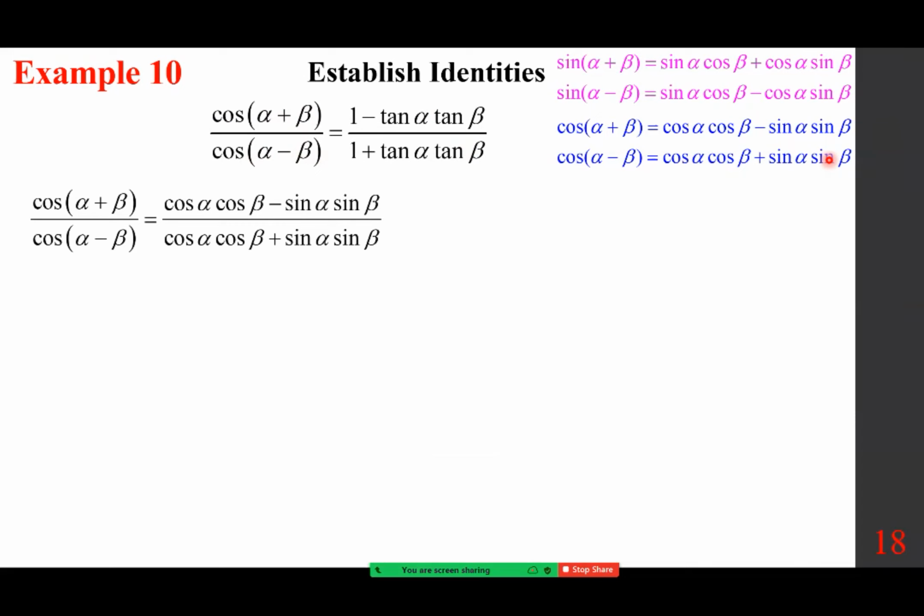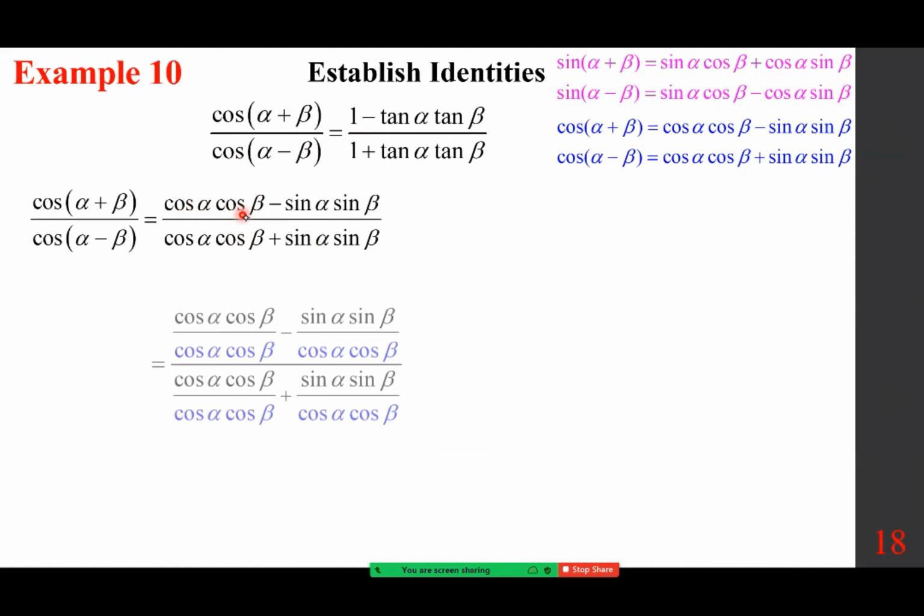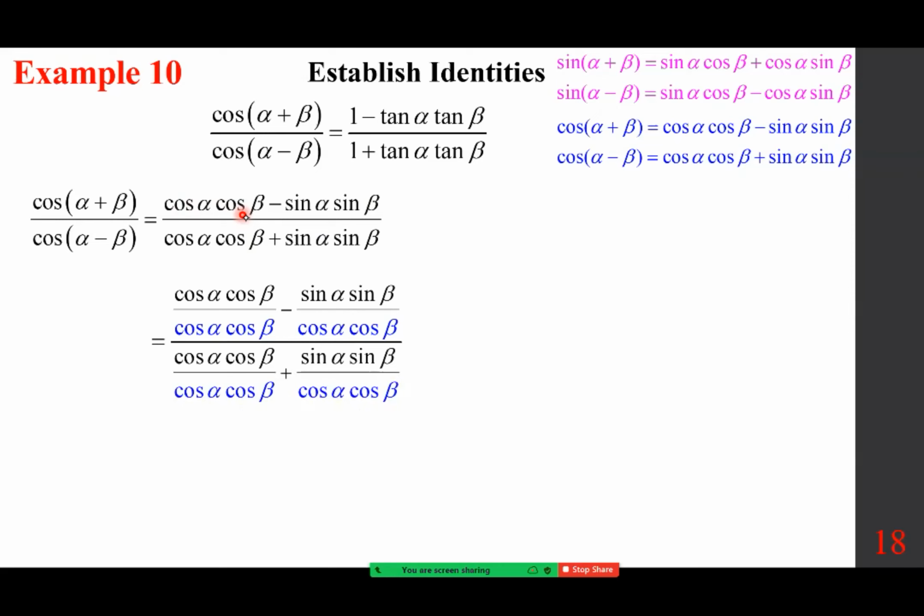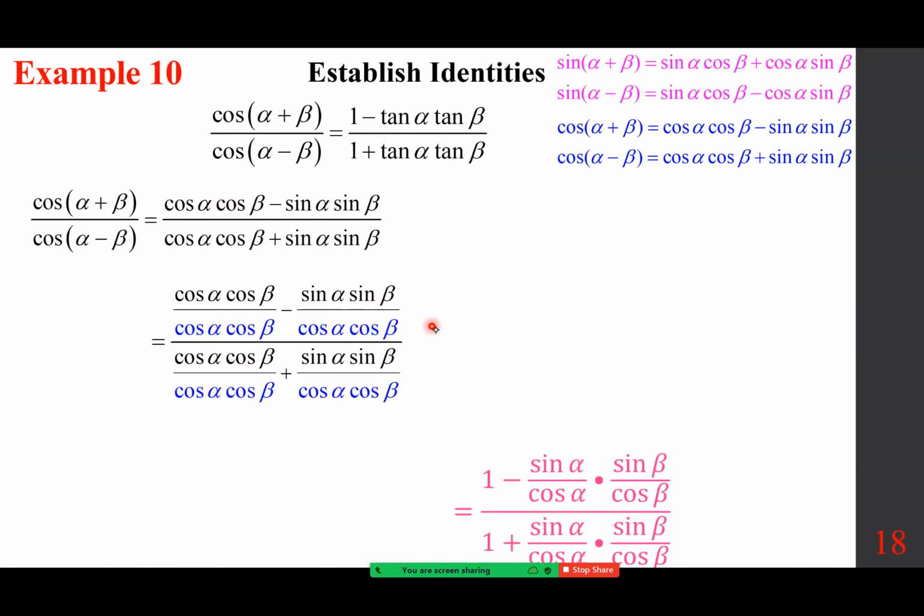Again, we want to have 1 here, so it's easy to see that the trick would be to divide everything by this one. So there are 2 pieces at top, 2 pieces at the bottom. Everything will be divided by cosine alpha, cosine beta. Clearly, this one is 1, this one is 1. Let's separate this into sine alpha over cosine alpha, sine beta over cosine beta, and so on and so forth.